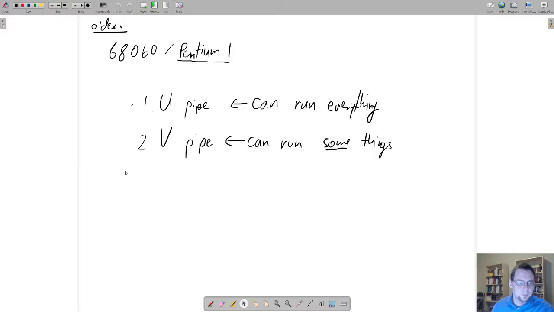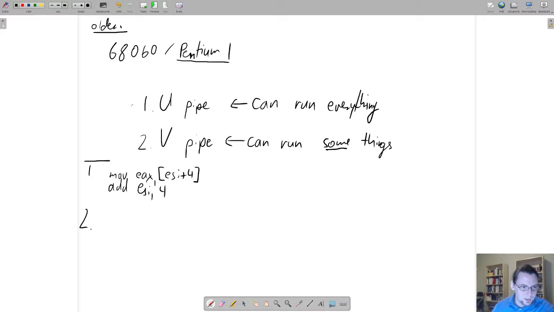But if you have the same example here, and I'm not going to write the whole instruction. The first example would be, say, move EAX, ESI plus 4, and then add ESI, 4.